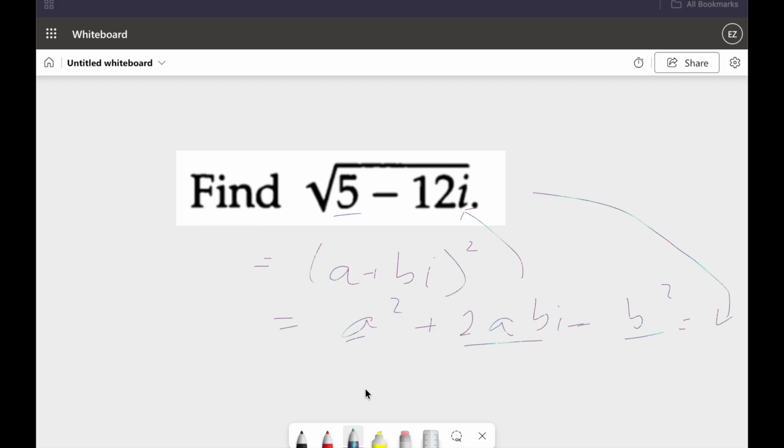Because 12 over 2 equals 6, 2 times 3 is 6, and 3 squared, 9, minus 4, is 5. So we get our answer, which is 3 minus 2i.